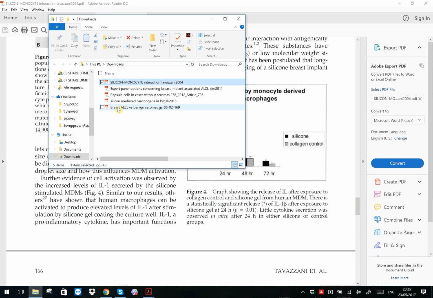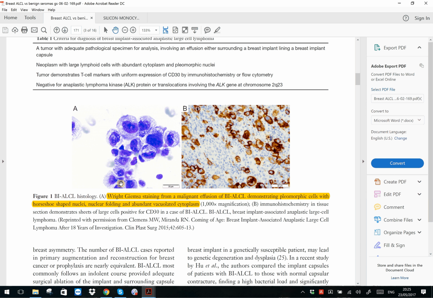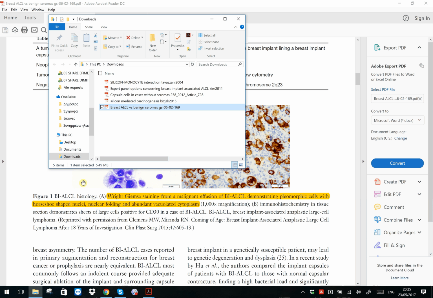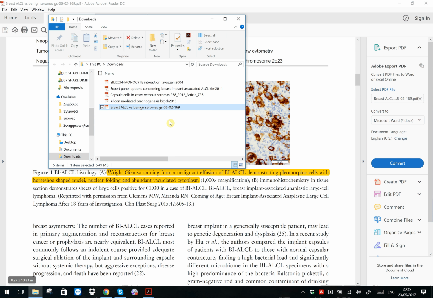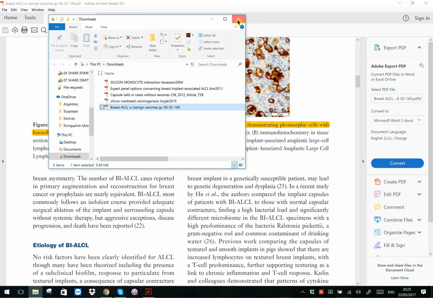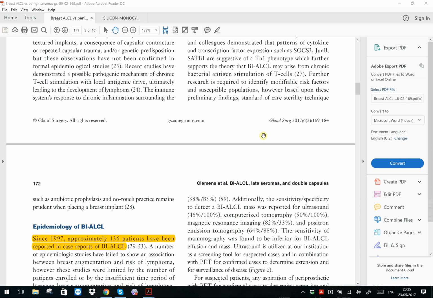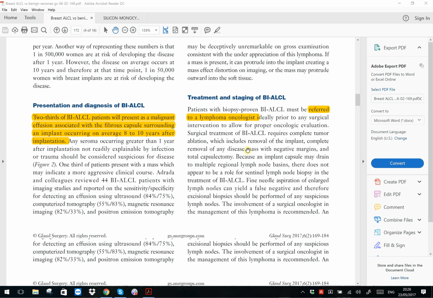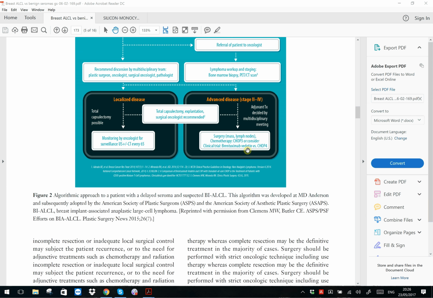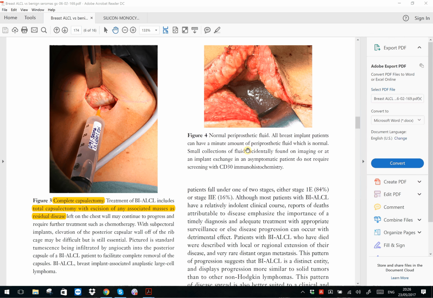When a capsulectomy is performed, you have the chance to look at the capsule cells as well as the effusion cells. You can see that the capsule may have evidence of anaplastic large cell lymphoma cells, though not always in every part, so the seroma effusion analysis is more representative of the whole process.